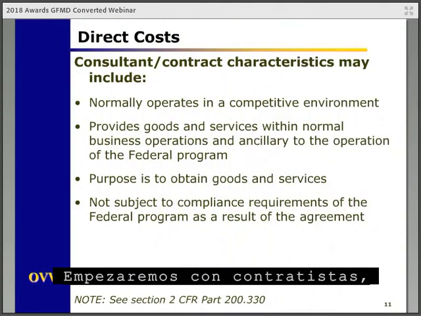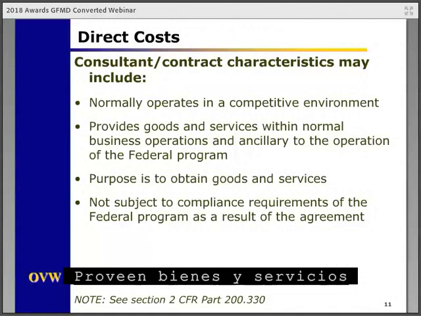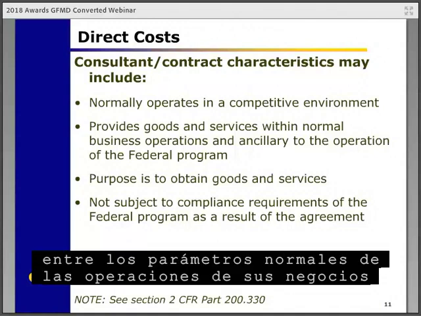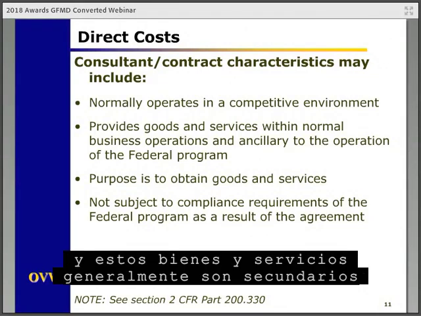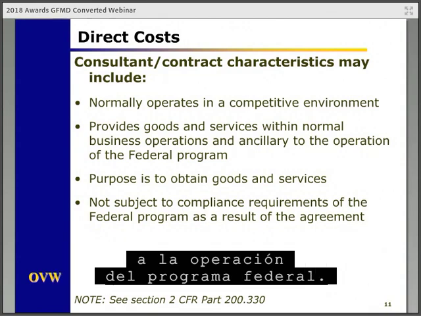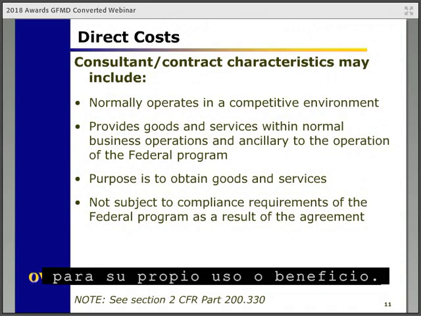First, we'll start off with contractors who normally operate in a competitive environment. They provide goods and services within their normal business operations to many different purchasers, and the goods and services are generally ancillary to the operation of the federal program. The main purpose of contracting with them is to obtain goods and services for your own use or benefit.